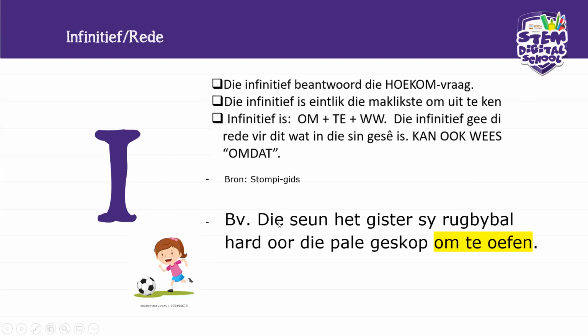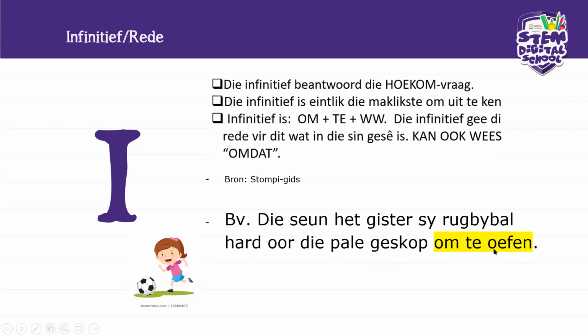The sentence here, die seun het gister sy rugbybal hard oor die pale geskop. Die seun is the subject, het verb 1, gister time, sy rugbybal object, hard manner, oor die pale place, geskop my second verb, main verb, past tense verb, and then the reason.